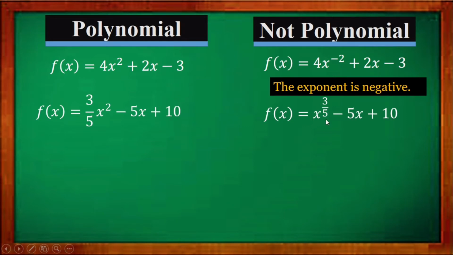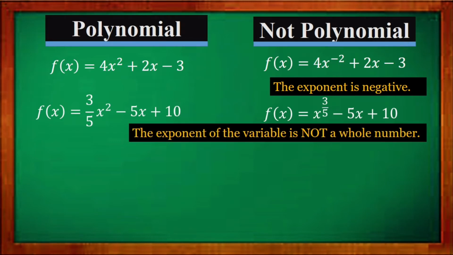So paano natin nasabi na si f of x equals x raised to 3 over 5 minus 5x plus 10 is not a polynomial? It's because the exponent of the variable is not a whole number. Sabi natin kanina, ang isang function ay hindi natin masasabi na polynomial kapag yung kanyang exponent ay hindi whole number.